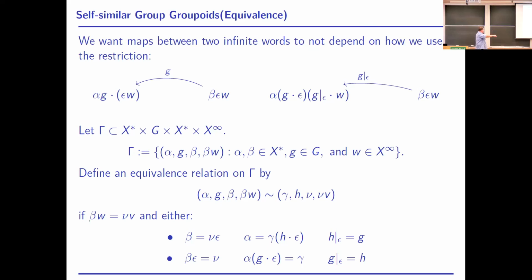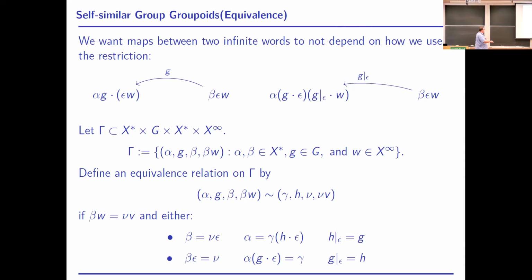between these if the two infinite words are equal. So if they're coming from the same infinite words, and depending on which one is longer, if they respect the restriction.